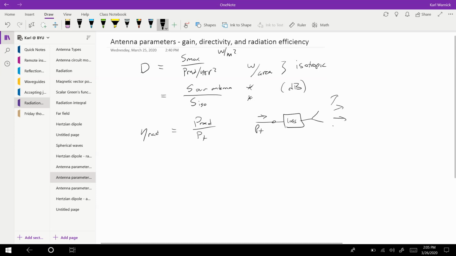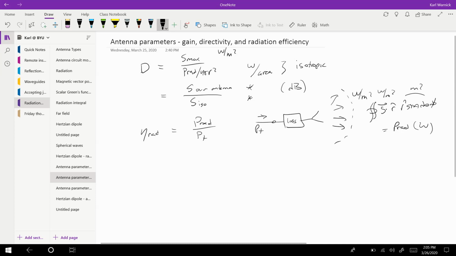And if I integrate the power density, watts per meter squared, over a full sphere using the double integral of S dot r hat r squared sine theta d theta d phi, that is what we mean by total radiated power. That converts watts per meter squared power density multiplied by meter squared in the integral to give me just watts.